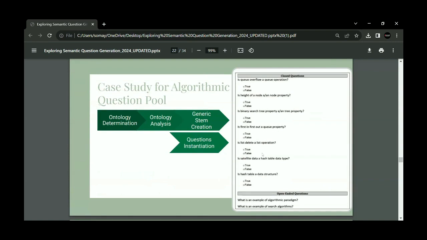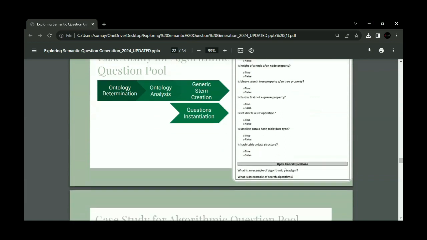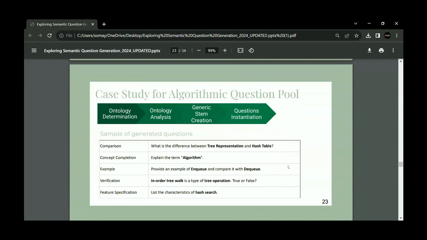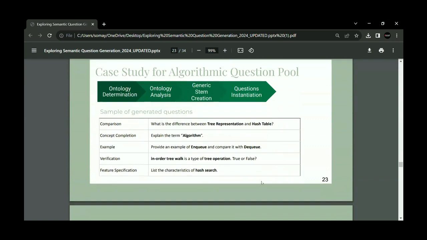Then the question generation. We can see here that the generated questions can be closed questions, such as true or false questions, and they can be open-ended questions based on the previous categories. Also here's a sample of the generated questions.